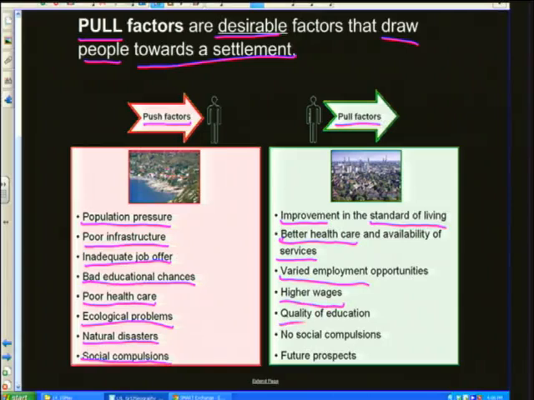They get better education. There are generally no social compulsions. And also they've got better future prospects. The range of jobs, the lifestyles, the things that they can go into with regard to the multiple services and industries available there will broaden their horizons. So those are the push and pull factors that you guys need to know.